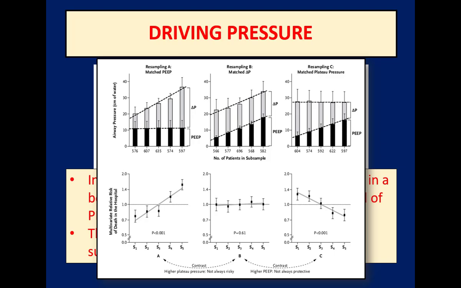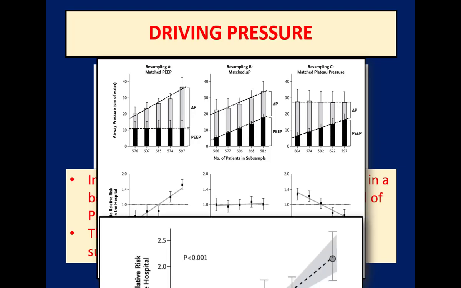But as you can see here, the driving pressure was changing. Here the driving pressure was fixed. And here the driving pressure was again changing. And as you can see in the lower graph, this was the better thing. So higher PEEP is not always protective, and lower PEEP with higher plateau pressure is not always risky. So with this we can see it is better.